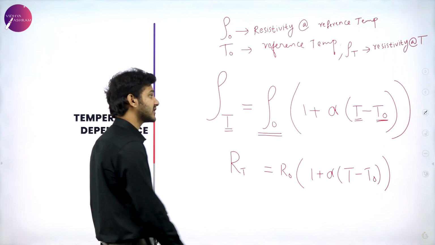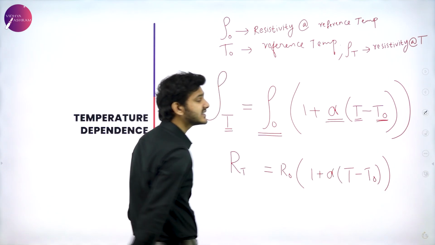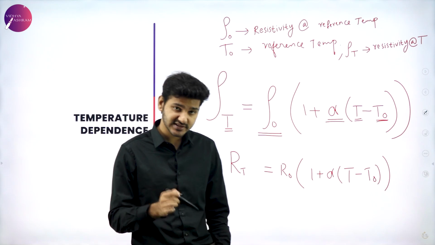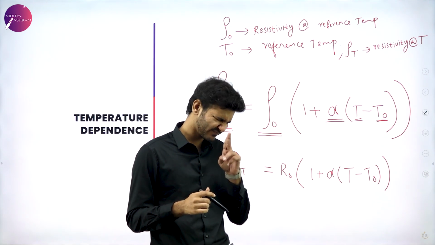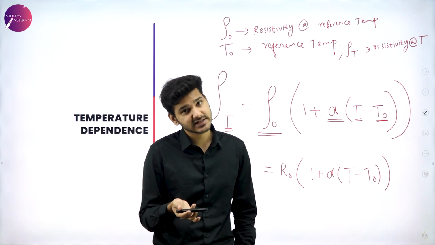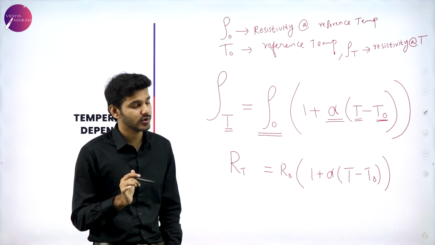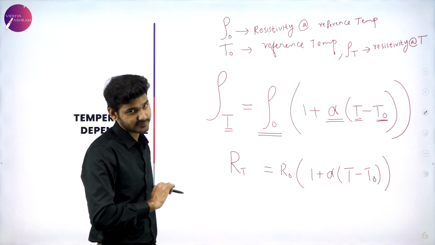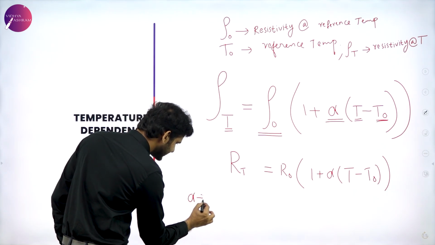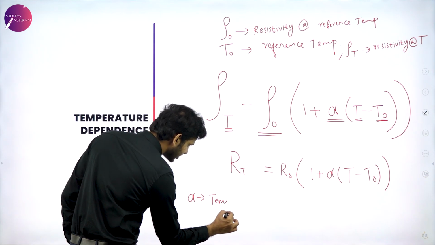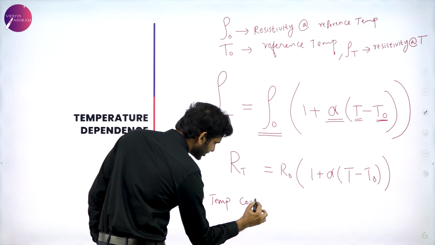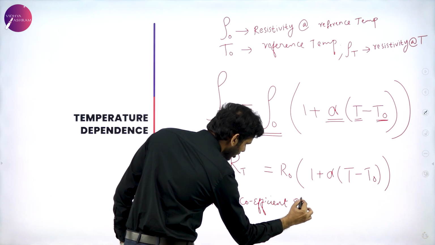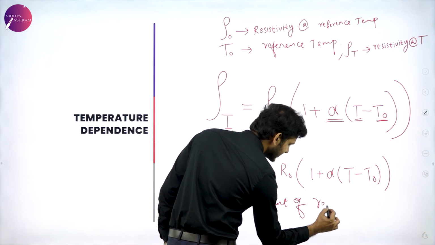Now there is one more factor known as alpha. This alpha is a constant which has a fixed value for different materials, and it is known as the temperature coefficient of resistivity.